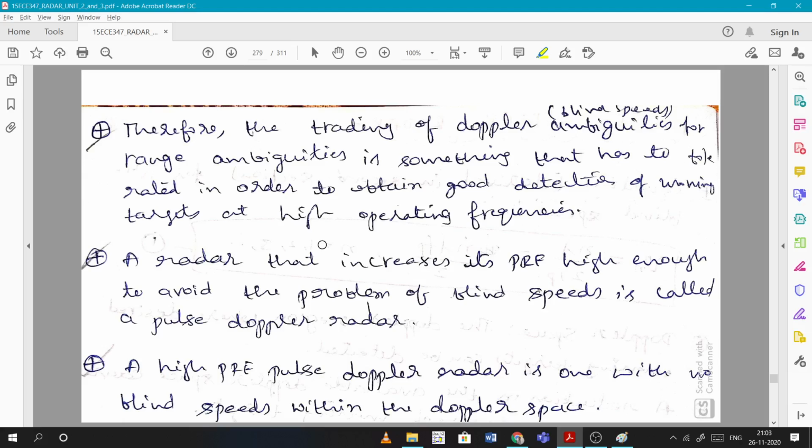We already discussed this blind speed: when the target moves at a velocity of blind speed, then we can't detect this target. So a high PRF pulse Doppler radar is one with no blind speeds within the Doppler space. If you don't want any blind speeds for a radar, use the pulse Doppler radar.